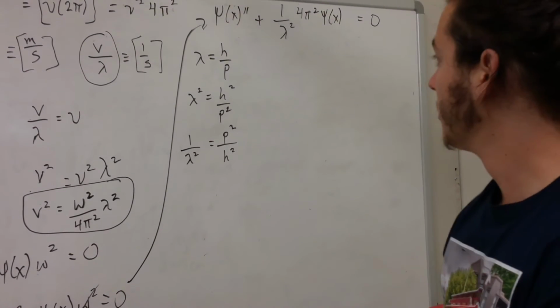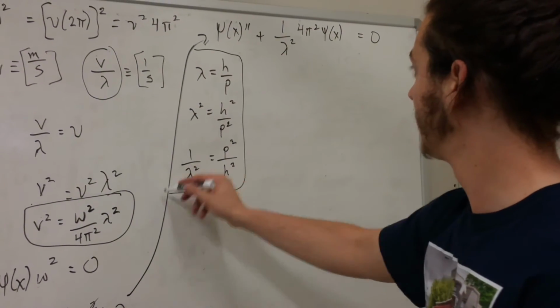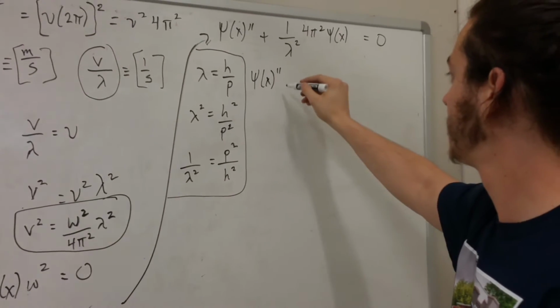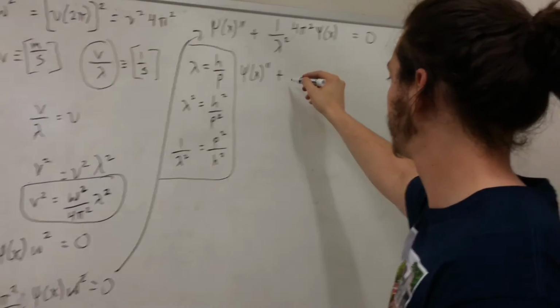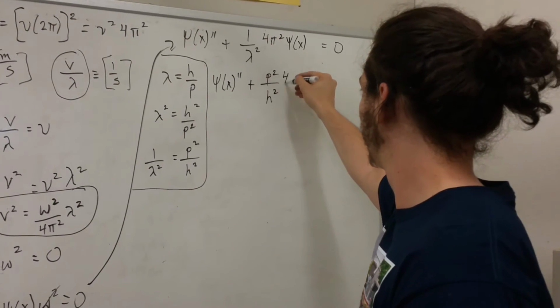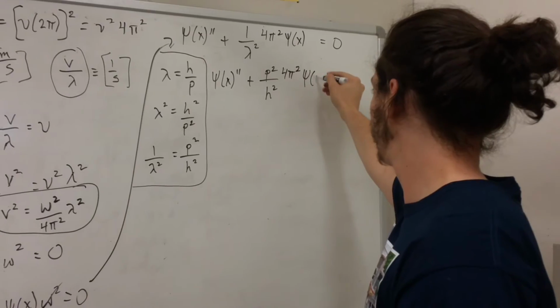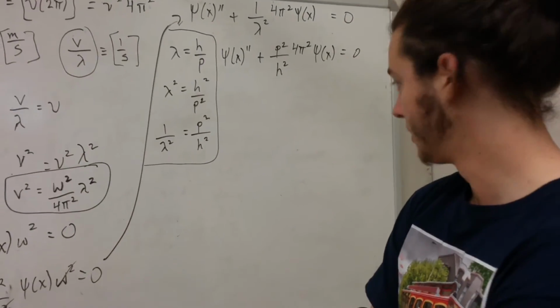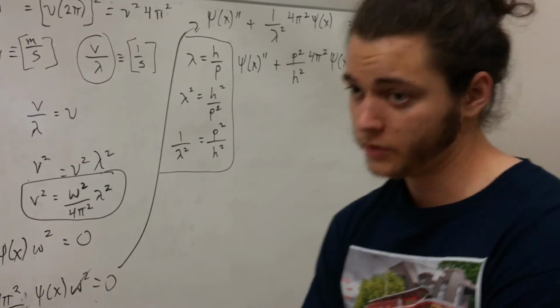So we have momentum here, and I'll go ahead and put that first to clarify. So now our form is psi of x double prime plus p squared over h squared 4 pi squared psi of x equals 0. Okay?